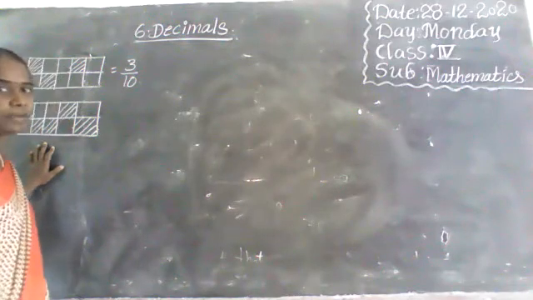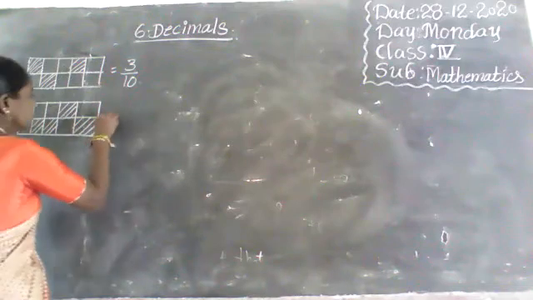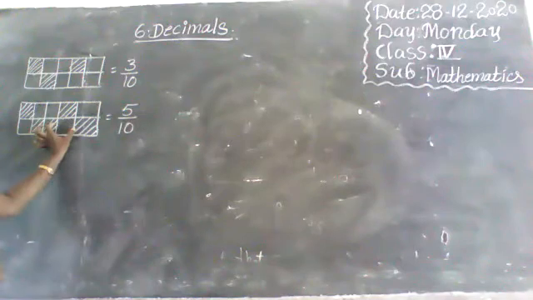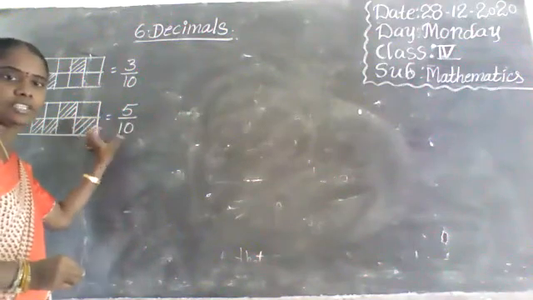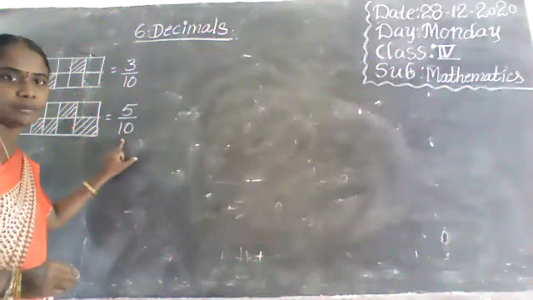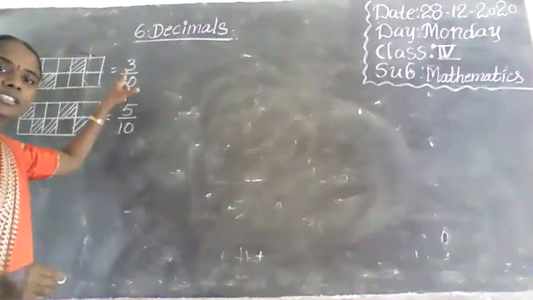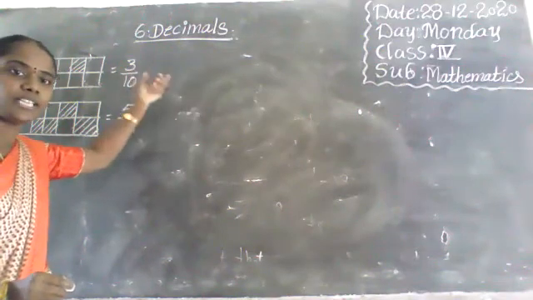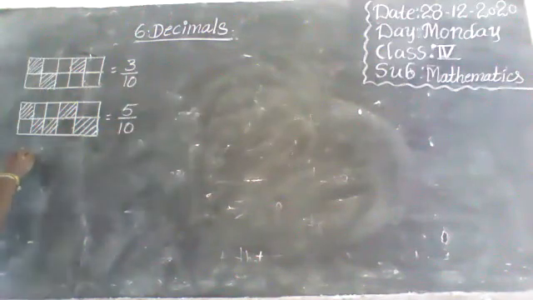Yes, very good. 5 by 10. 5 parts out of 10. Here 5 is the numerator, 10 is the denominator. Before it was 3 parts out of 10 parts.